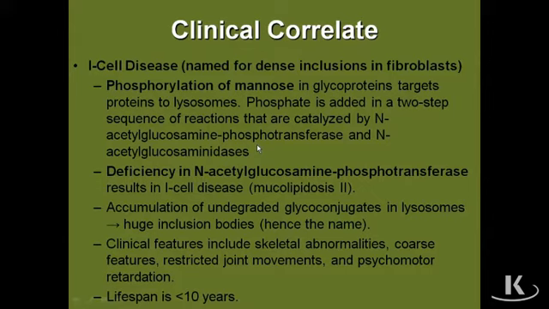Because as part of the sorting and marking process, those hydrolase enzymes have to be phosphorylated. And the phosphate basically is added in a two-step process that involves that phosphotransferase enzyme. That enzyme typically is deficient, so what in essence happens is there are tremendous inclusion bodies that occur in fibroblasts, and basically the lysosomes lack their appropriate hydrolase enzymes. Clinical features of this involve multiple skeletal abnormalities and a lifespan of typically less than 10 years.